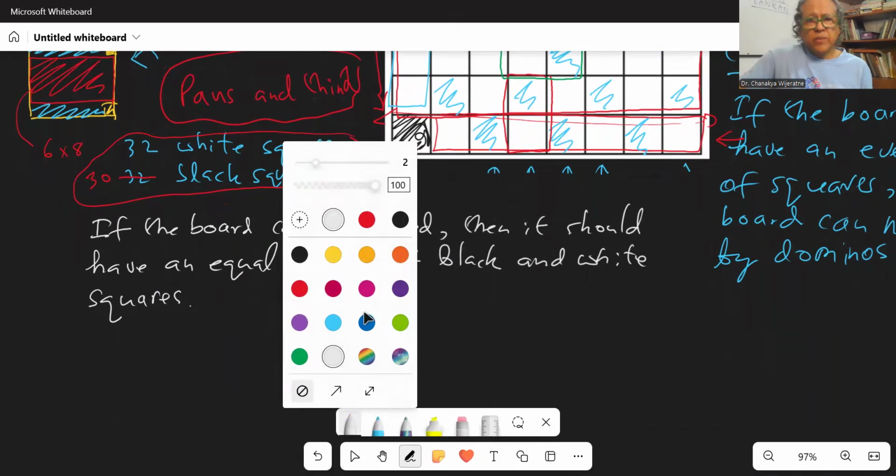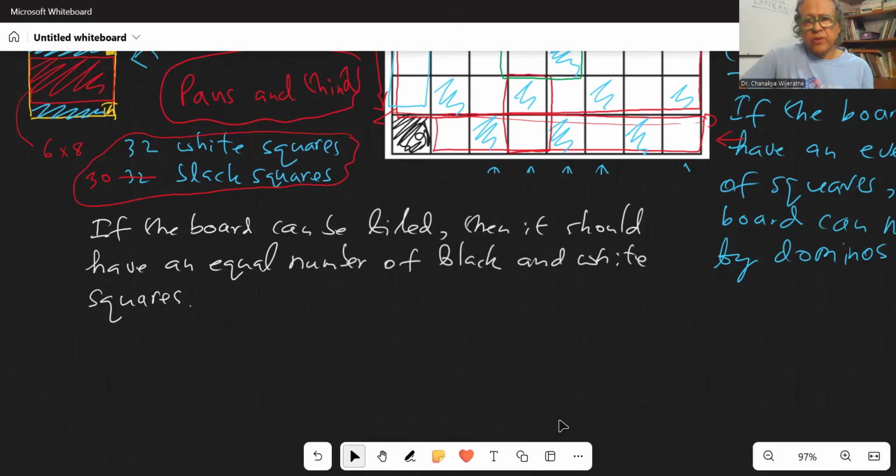right? Then the board cannot be tiled. The contrapositive, right? So contrapositive, right?